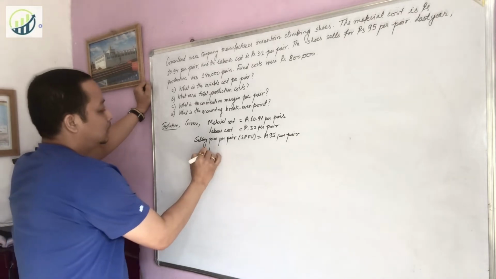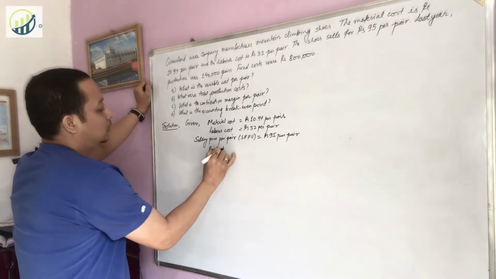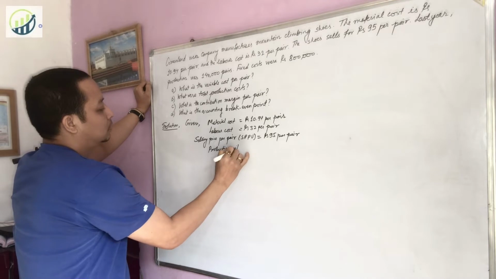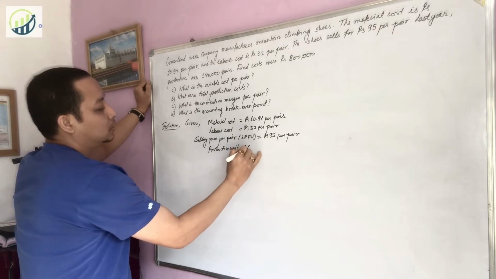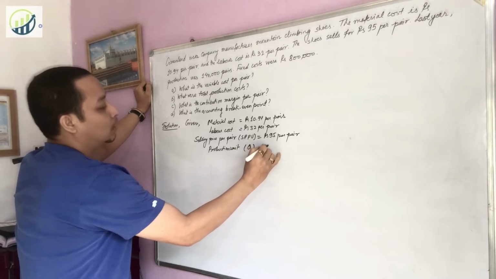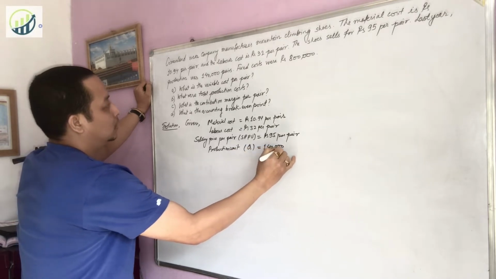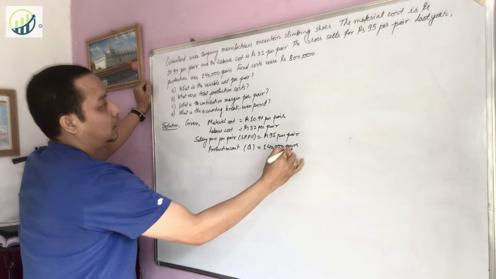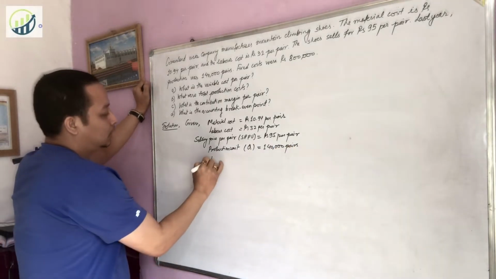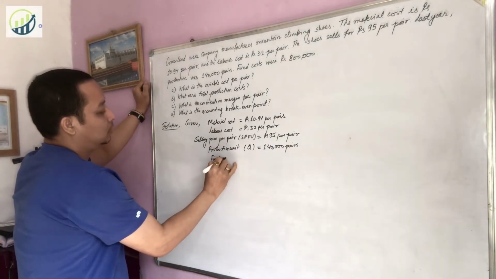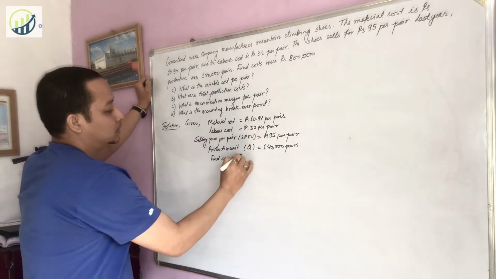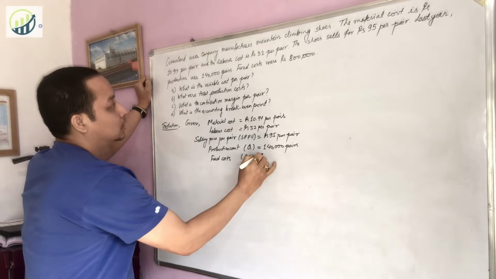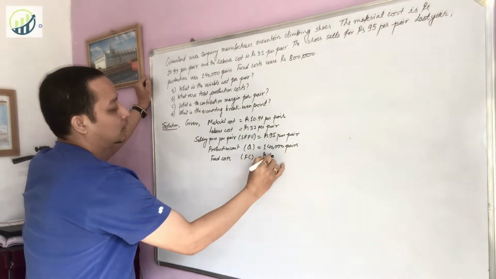Production units is given here, it is given here 1,40,000 pairs. And fixed cost is given here. Fixed cost of production of 1,40,000 pairs, that is rupees 8 lakh.